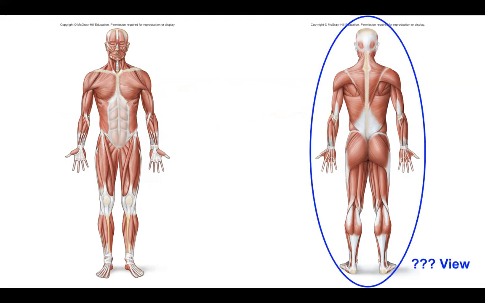So hopefully you remember your anatomical terms for the position. So in this one over here, we're looking at the body from behind, okay, looking at the back. So think of whenever we were using the directional terms, when we were saying that something was behind something else. So what will we call this view based off of that?